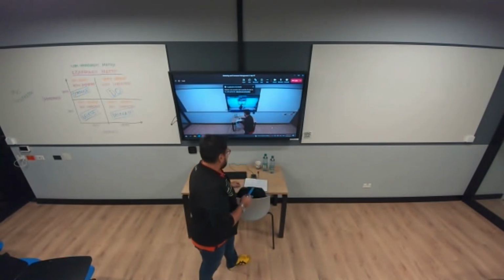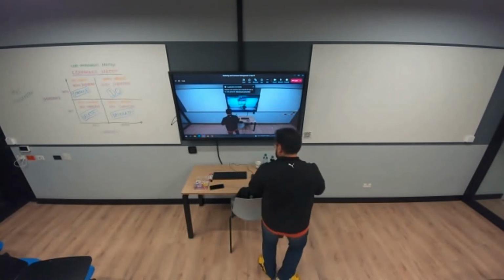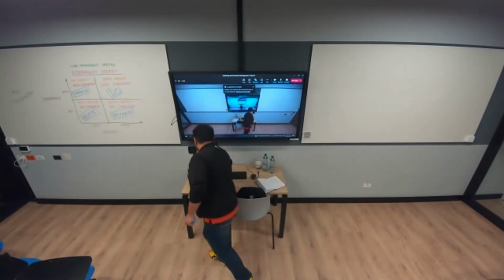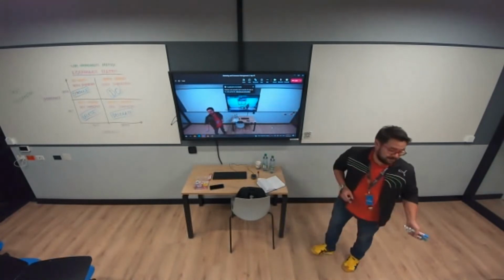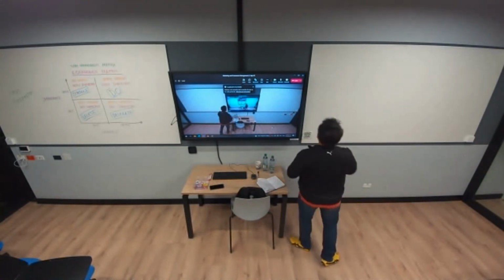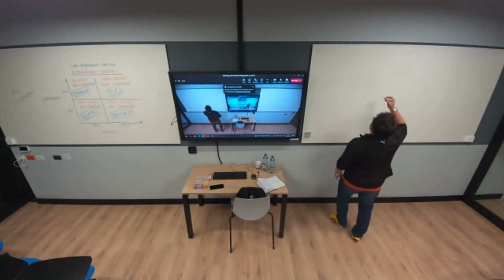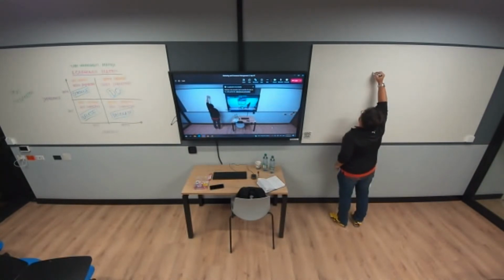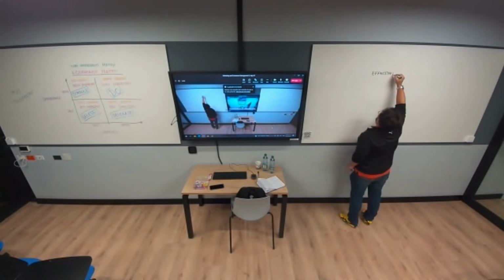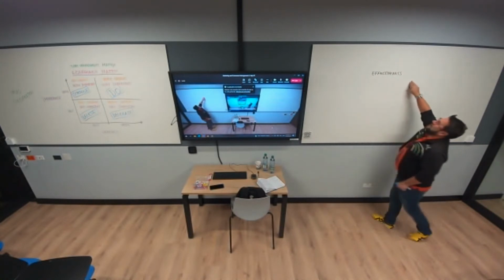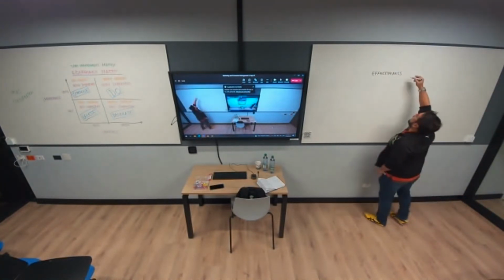Okay, guys. The second matrix we're going to be analyzing this evening is the effectiveness versus efficiency matrix. Okay, effectiveness. A long word, effectiveness versus efficiency.